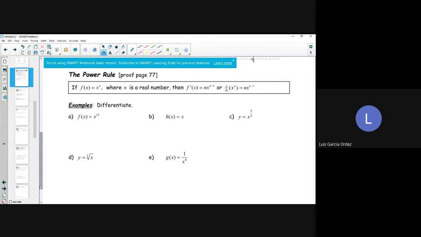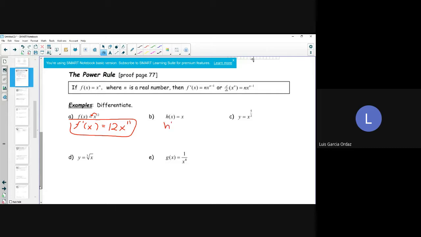So for example, the first one, f prime of x is equal to, bring the 12 into the front, and then subtract 1 from the exponent. So you get f prime of x is 12x to the 11.